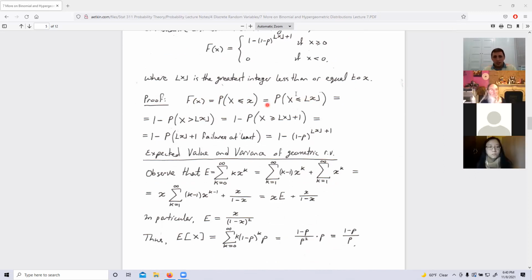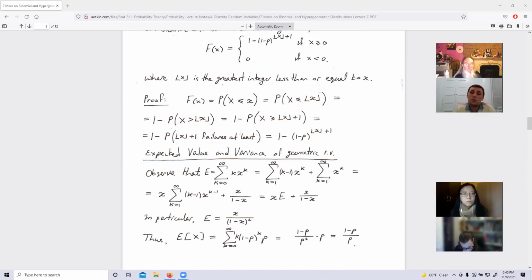So this is the same as 1 minus the probability that X is bigger than this floor, which is the same as 1 minus the probability that X is bigger than or equal to floor plus 1. And that means 1 minus the probability of floor of X plus 1 failures at least, and that's easy to calculate as 1 minus this number.